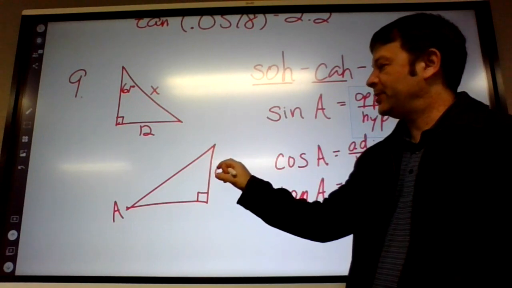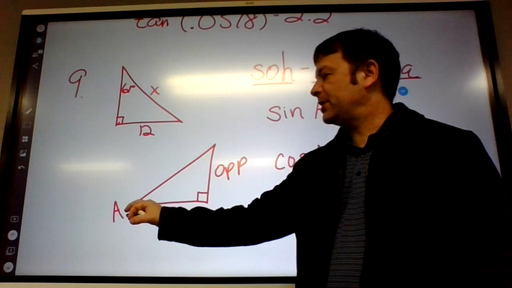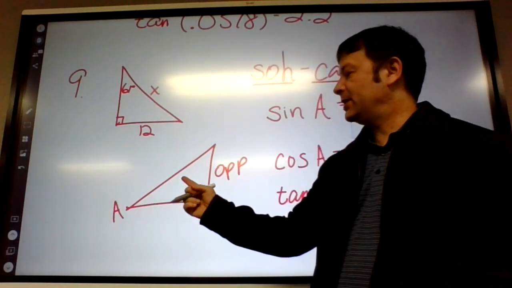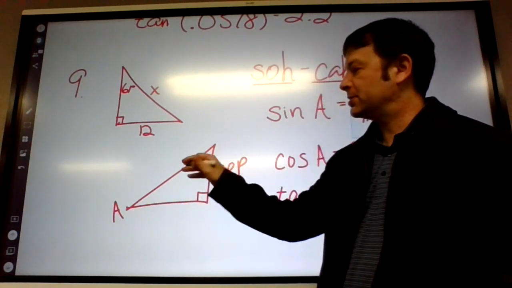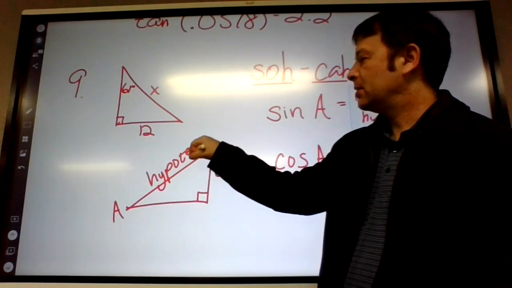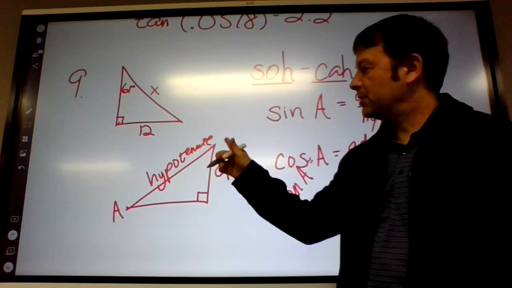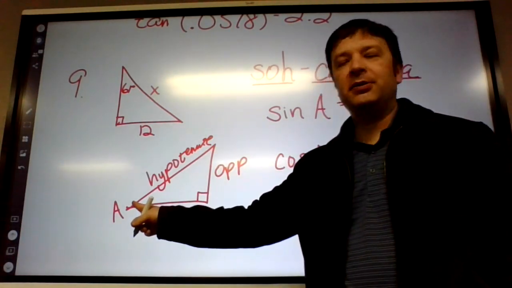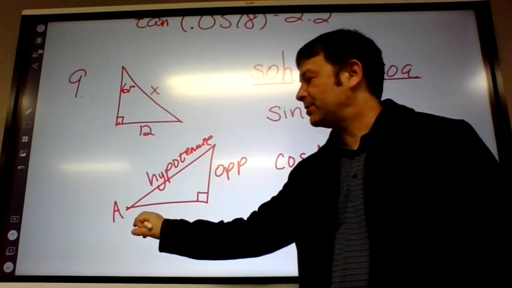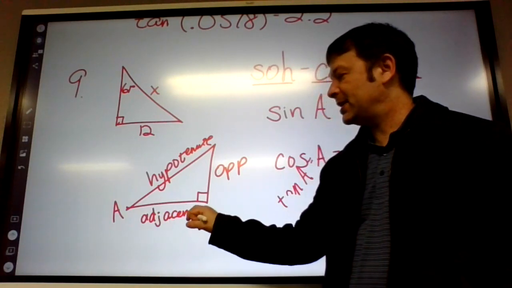So this side over here would be opposite of angle A. On a right triangle, the long side across from the 90-degree angle, and also the longest, is called the hypotenuse. The other side that's next to angle A but not the hypotenuse is called adjacent. Adjacent is a fancy word that means next to.